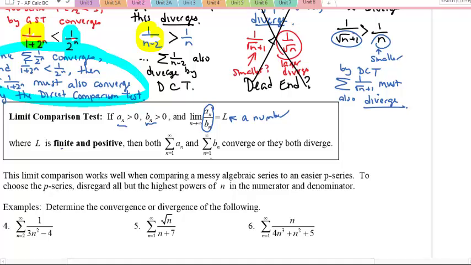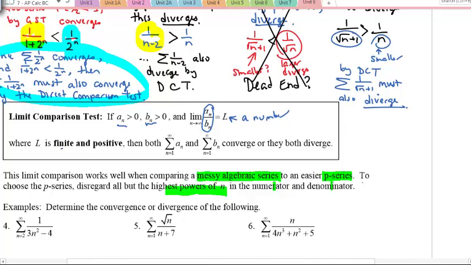So you're like, when would we use the limit comparison test then? Well, we use it when we try to compare messy algebraic series to an easier series, like a P series. Okay? And the idea here is to please choose a P series that disregards all but the highest powers of n in the numerator and the denominator.